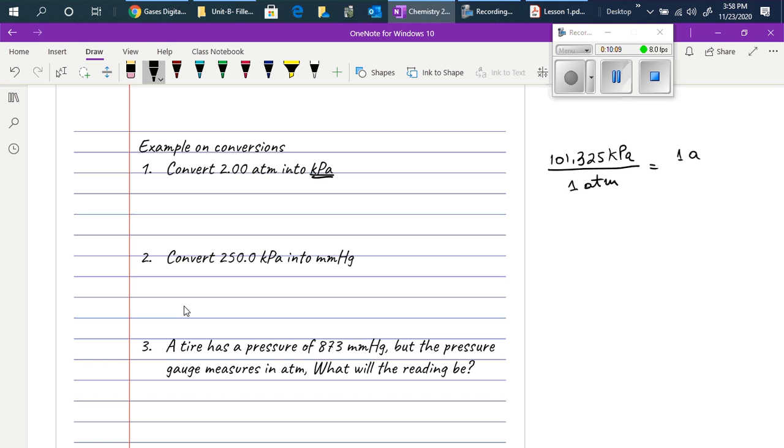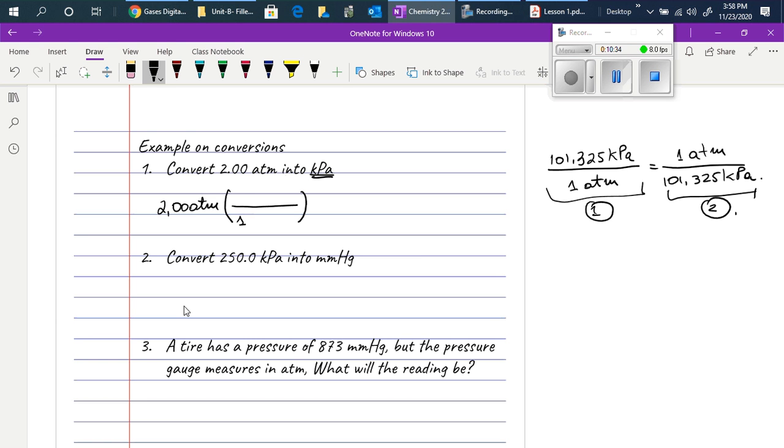So we start with what is given, 2.0 atmosphere, and then we use the unit conversion, the first ratio, because we want to cancel the atmosphere at the top.